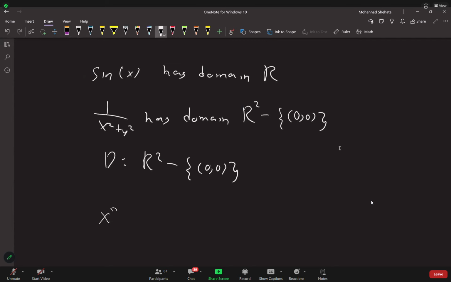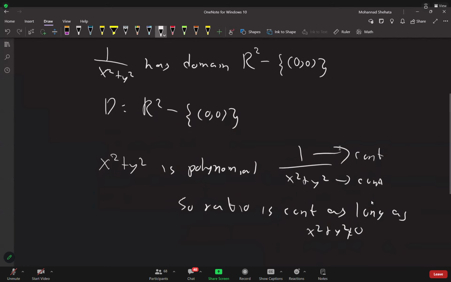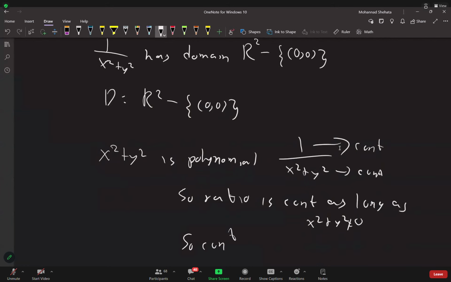Okay, yeah, that should work. So x squared plus y squared is a polynomial. That's one way you can do it. 1 over x squared plus y squared, these two are continuous, so the ratio is continuous as long as the bottom is not 0. So continuous on R squared minus (0, 0).